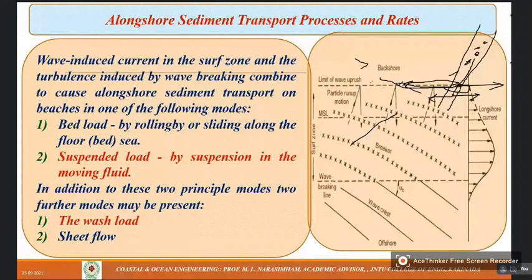And that suspension is different from your suspended load, because the suspended load originates from the near shore region, back shore, near shore region. Whereas the wash load is the fine material that will be brought by the rivers and directly carried in the form of a suspended load due to the energies transferred from the waves to the current. So that is the wash load.